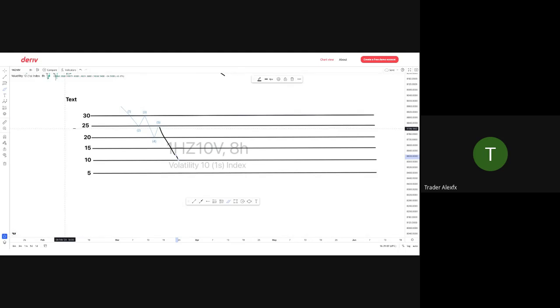Just the same way we explained the buy limit and sell limit. Don't be confused.